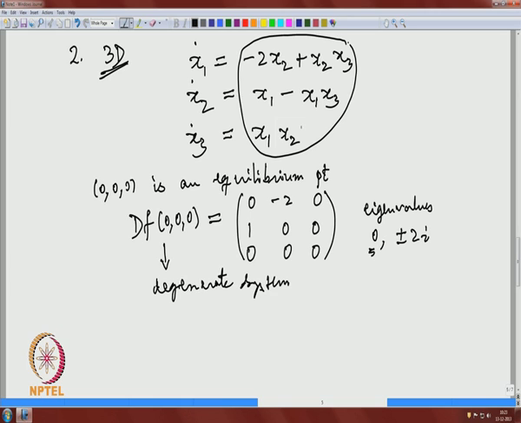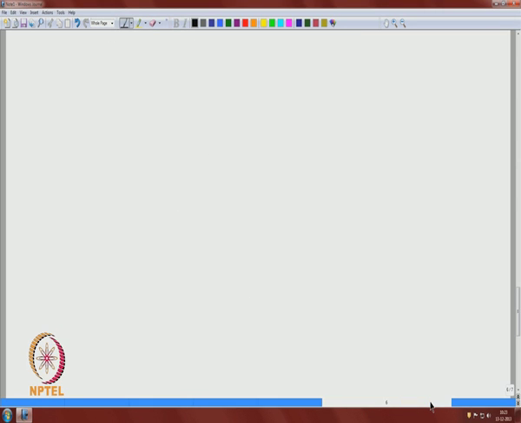Okay. And now, let us try. Since we are now familiar with quadratic functions, consider this. V(x1, x2, x3), a quadratic form with only diagonal elements: C1 x1 squared plus C2 x2 squared plus C3 x3 squared. Okay.